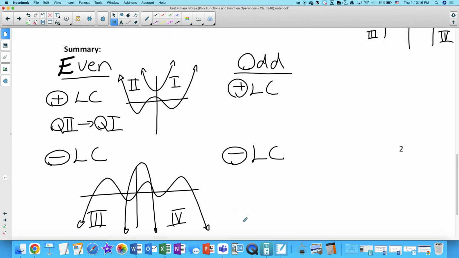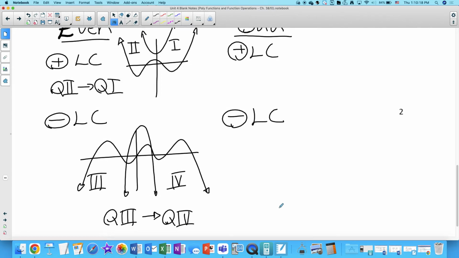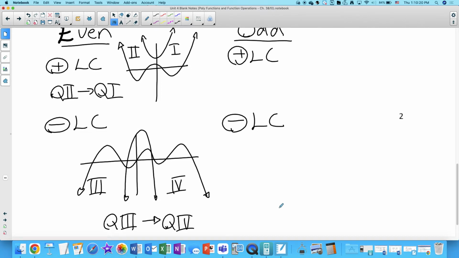And then if it's an odd function, it starts and ends in opposite directions. So for positive leading coefficient, if it's linear, think about the linear function, right? The easiest way to remember this if you're struggling is think about what y equals x looks like, y equals negative x, y equals x squared, and y equals negative x squared.